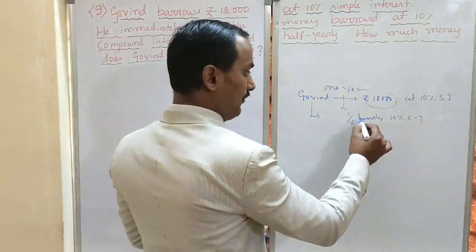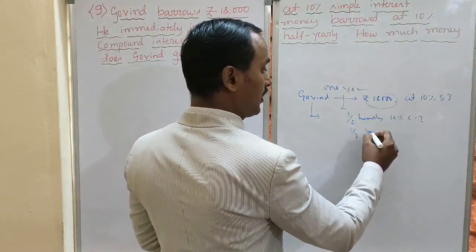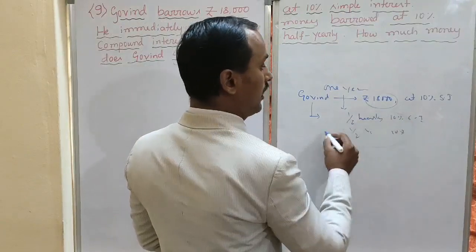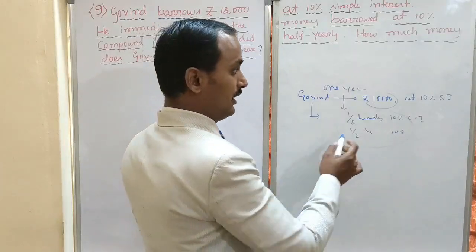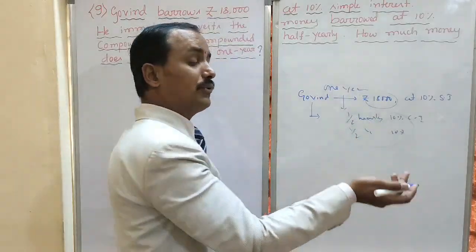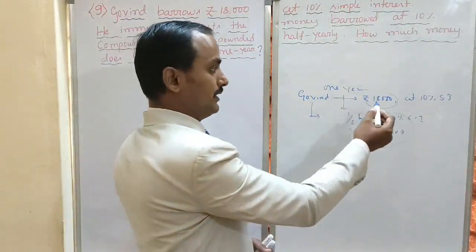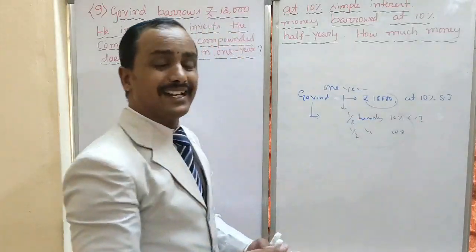Means half yearly compound 10%, next half year compound interest 10%. In these two half years, he will gain more amount. Understanding? For he collects the money from others at simple interest 10%. In between, how much extra amount is coming?